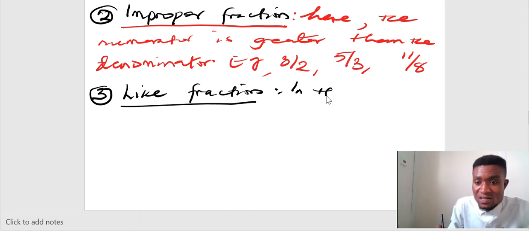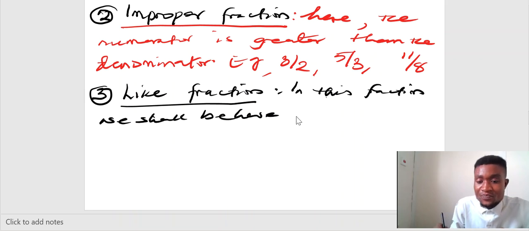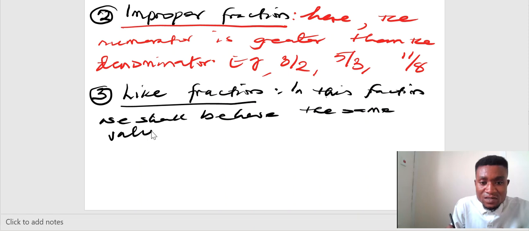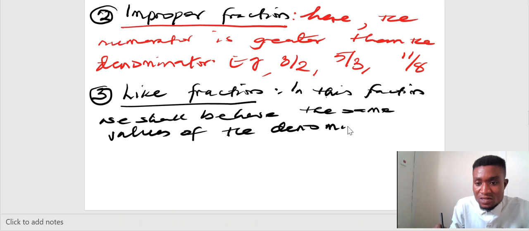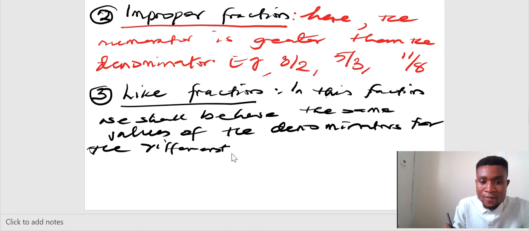In this fraction, we shall be having the same values of the denominators for the different fractions.